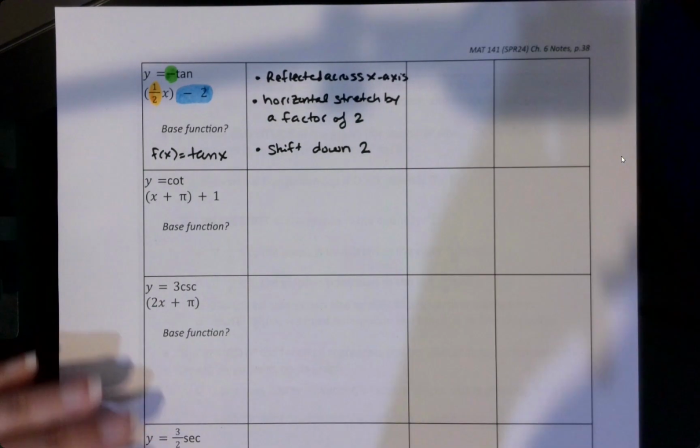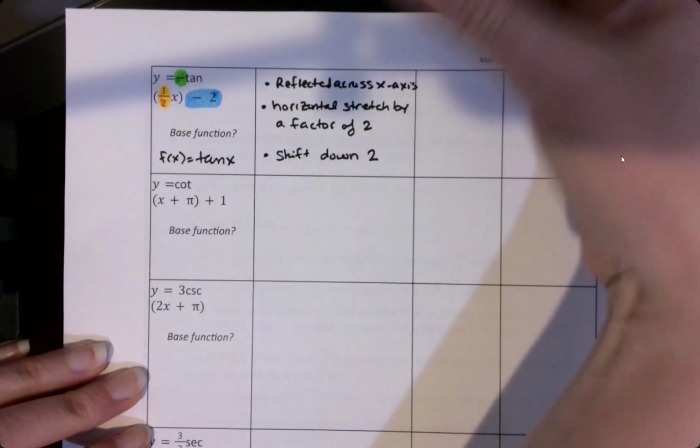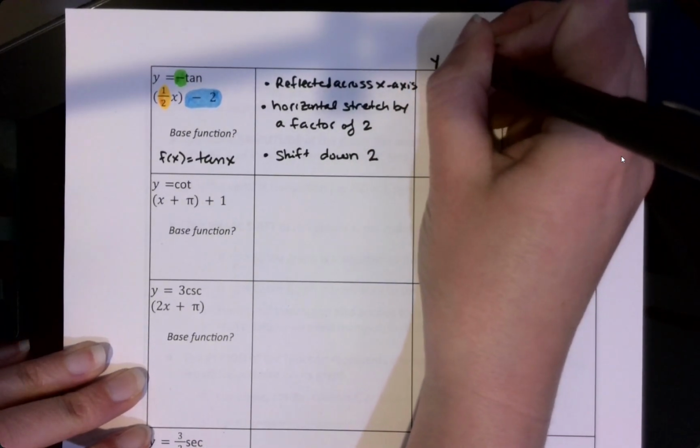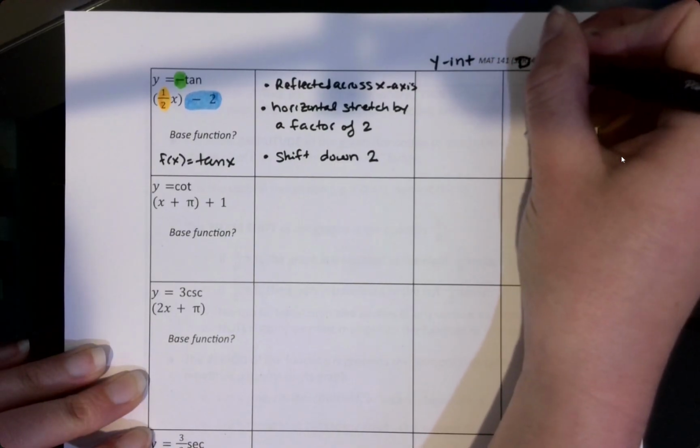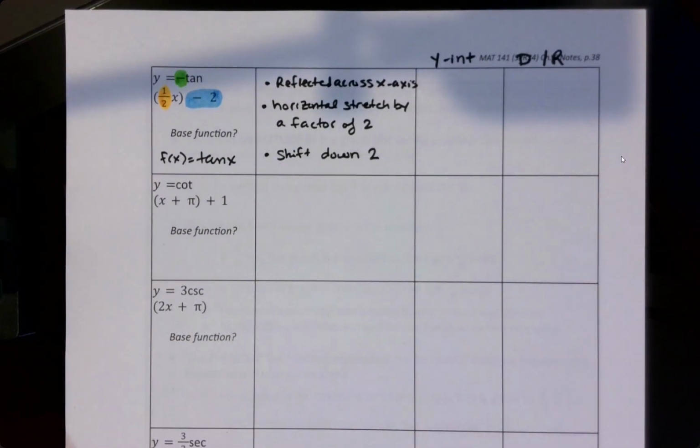All right, so this is supposed to be in this box here where we put the y-intercept, and this is supposed to be our domain and range. For tangent, since we don't have the parent function memorized, we're going to make sure we look back at our parent function graphs from the previous page.